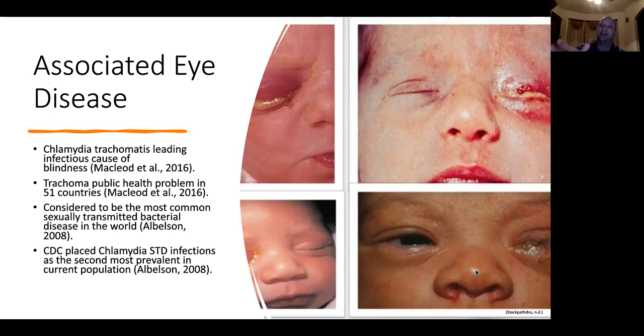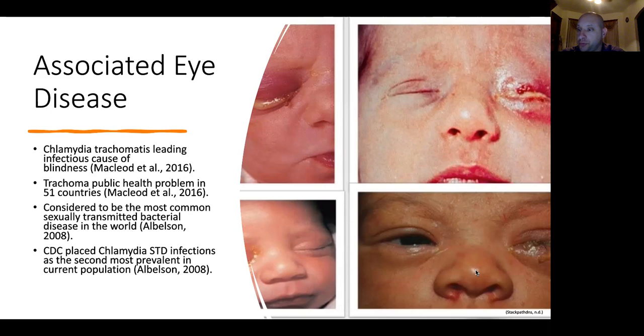I'm merely trying to state that when females have this disease, they could have those complications as well. So it's not just spreading of the disease to the eyes, but the baby can also be premature and have other complications that could be detrimental to its survival.